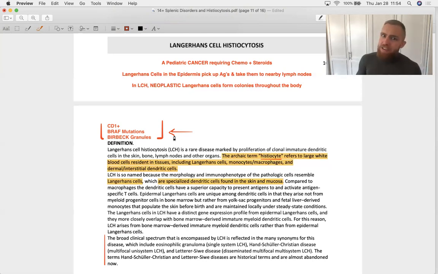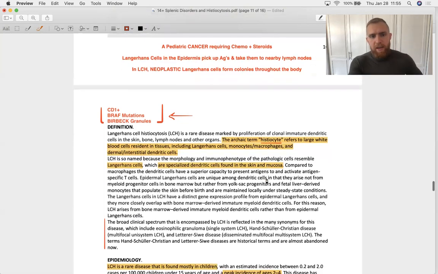Like that's the Langerhans cell in LCH. It's not doing anything. It's just sitting there. So these cells just form clumps and aggregations throughout the body, most commonly in the skin, but there is also a predilection for bone, hence the lytic bone lesions this condition typically presents as.